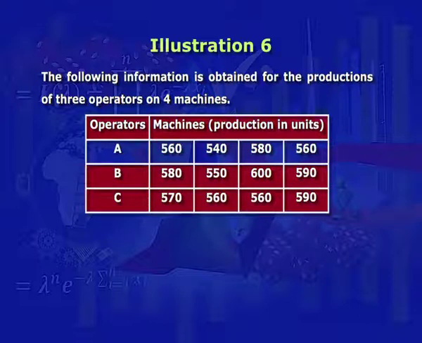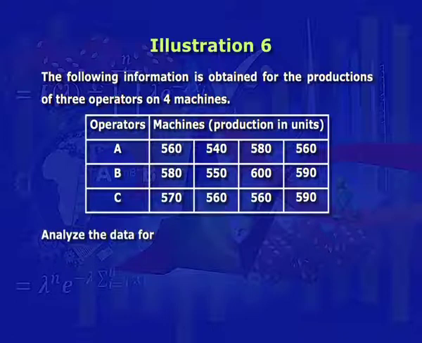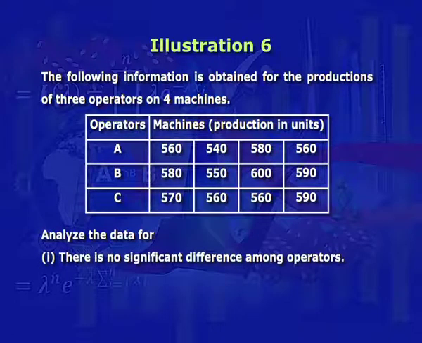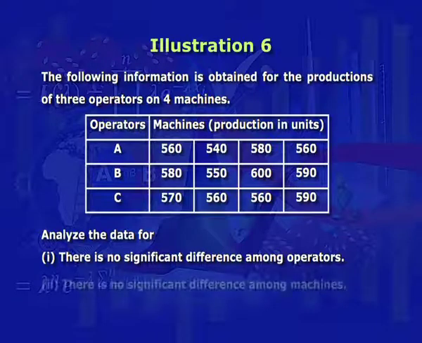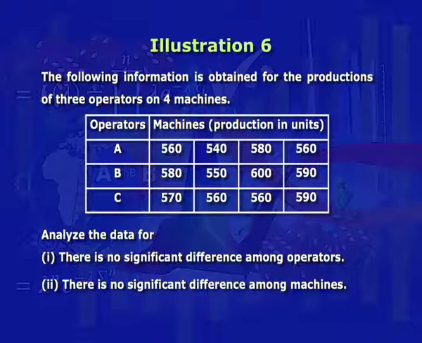Similarly, the production on machines for operators B and C are given in the table. Analyze the data for: number 1, is there a significant difference among operators; second, is there a significant difference among machines.